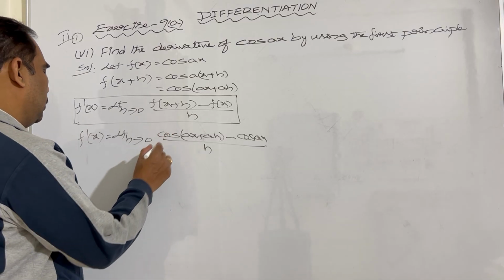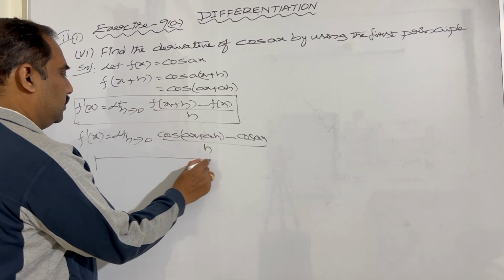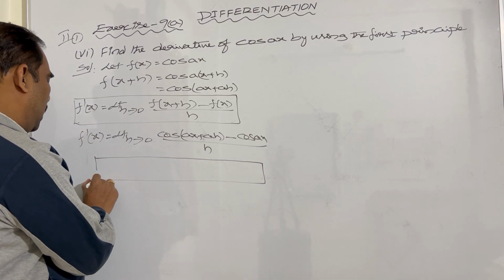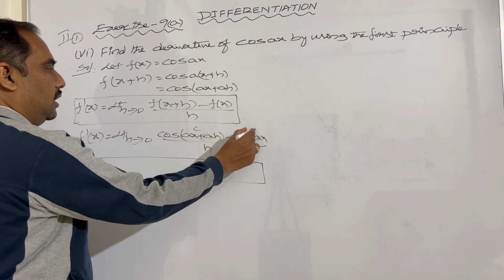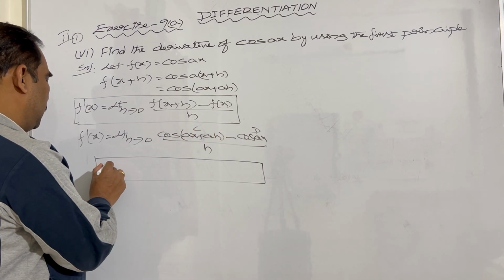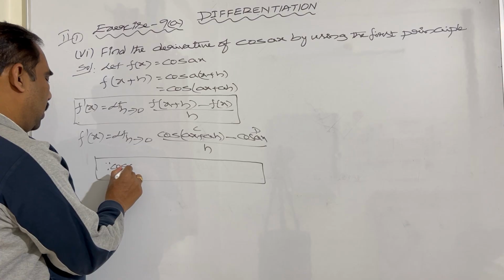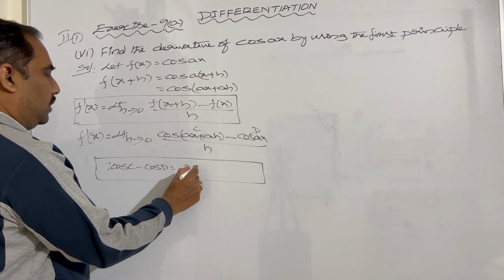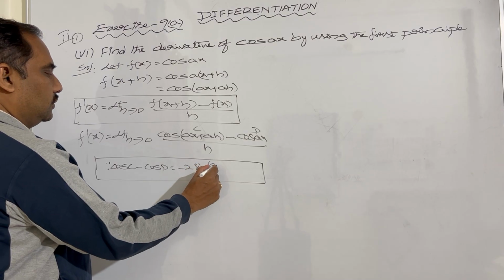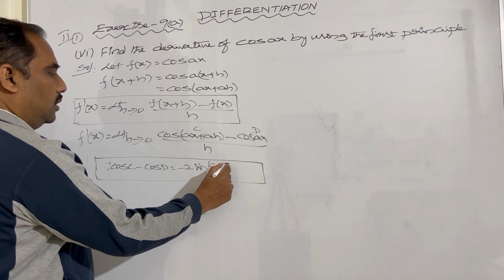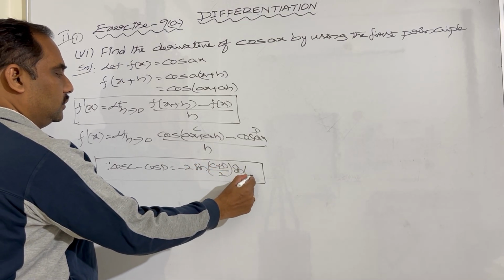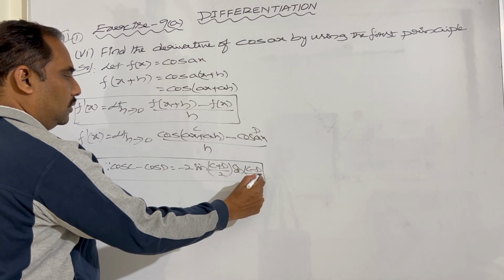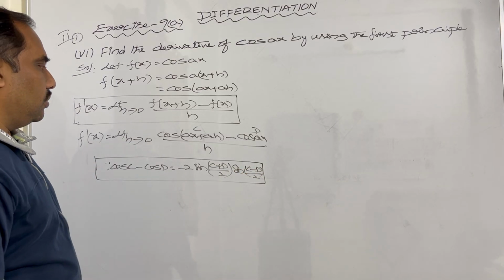Now in the numerator, if you observe, it is in the form of cos c minus cos d. So cos c minus cos d is equal to, we have the formula, minus 2 sine of c plus d by 2 into sine of c minus d by 2.